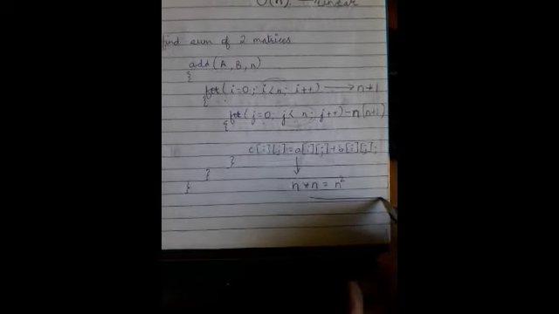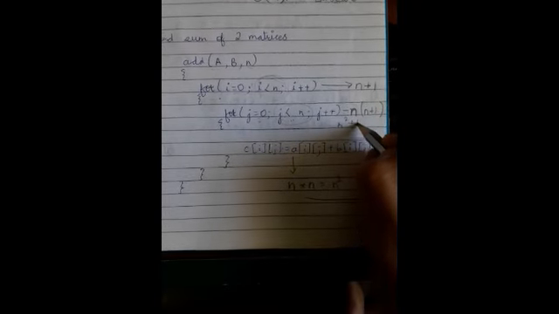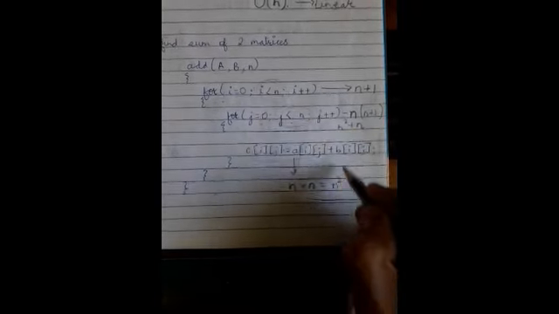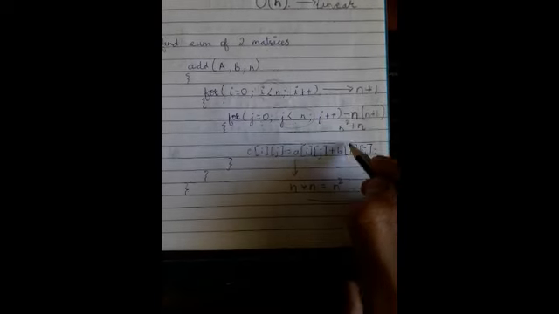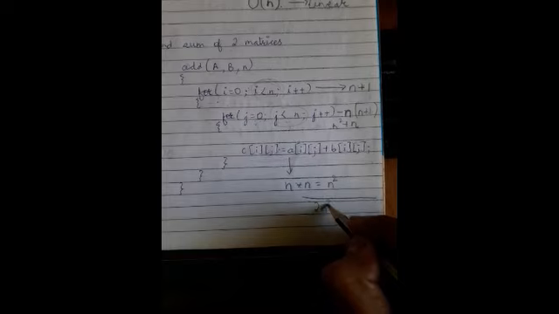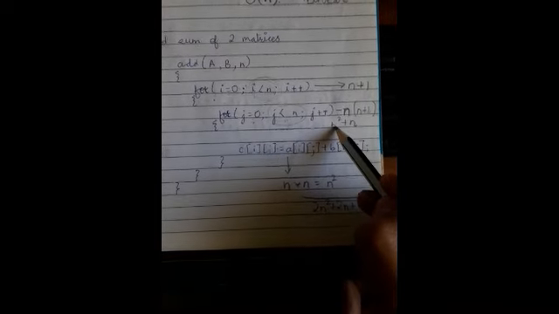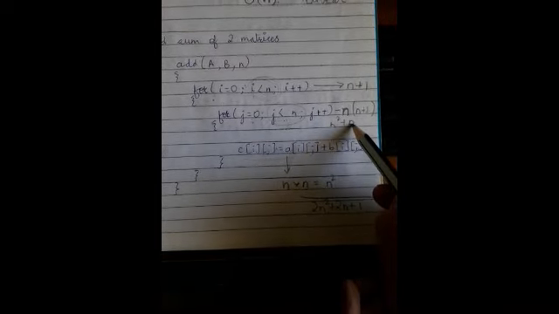Let's add this up. So this is n square plus n. Alright. So this is 2n square. How much does it come to? 2n square plus 2n plus 1. So n square plus n square is 2n square plus 2n plus 1.